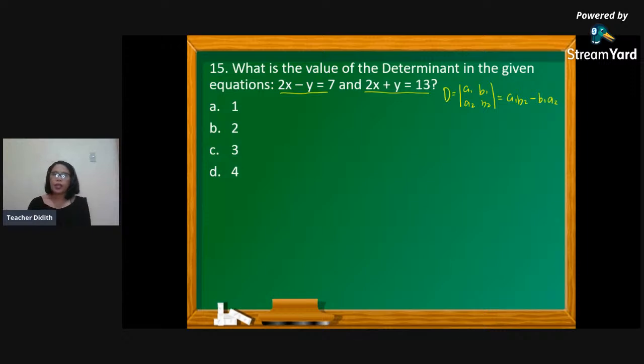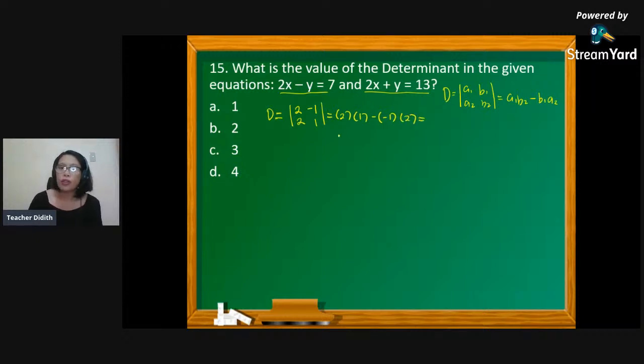Okay, there are answers already. So, let's substitute the given. D equals, so A sub 1 here is 2, and A sub 2 is 2 also. B sub 1 is negative 1, while B sub 2 is what? So we have 2 times 1 minus the product of negative 1 and 2.